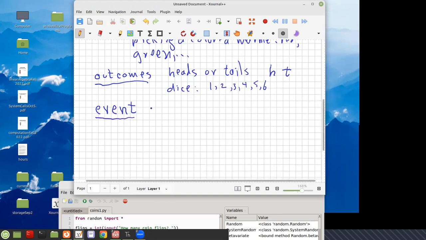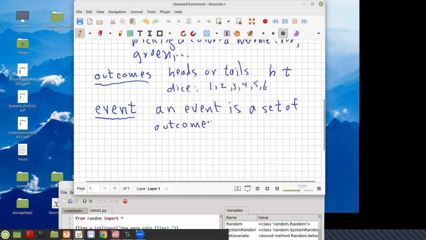Now, what is an event? An event is a set of outcomes. So what probability deals with are events.